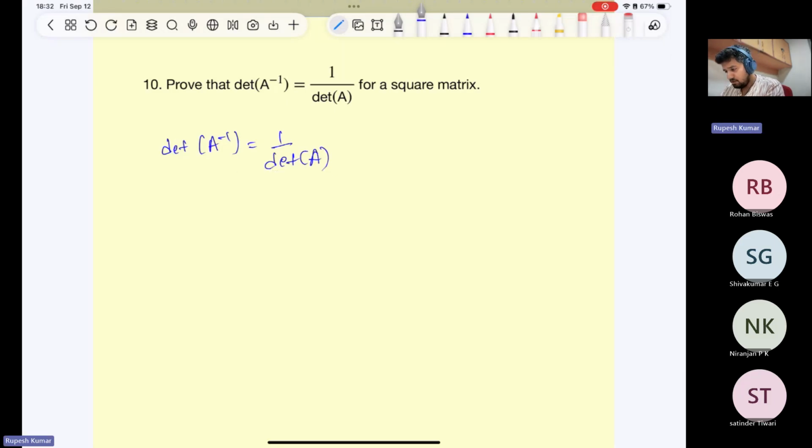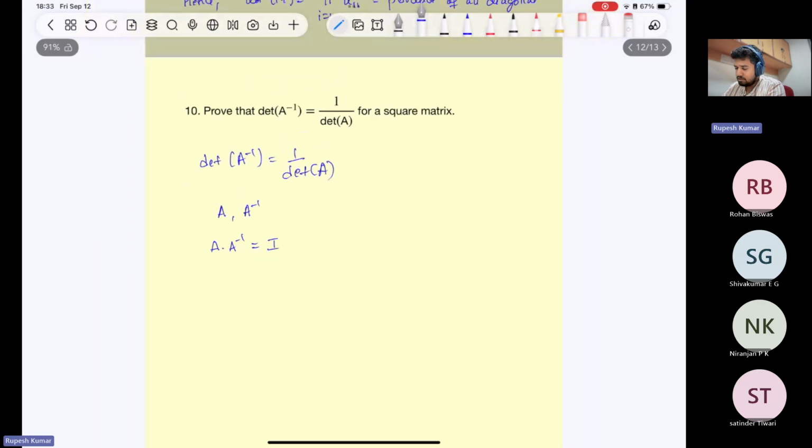So do we know the relation between A and A inverse? I hope you are familiar with the idea of a matrix inverse. That basically gives you the identity matrix. When you multiply a square matrix with its inverse, you get the identity matrix, right?